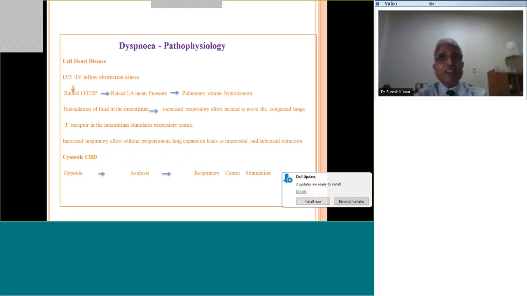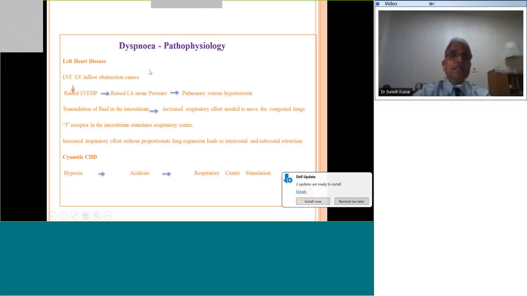Maybe the cause is in the pulmonary veins itself due to an obstruction, or within the left atrium, or within the inflow into the left ventricle, or all this is okay, but the left ventricular end diastolic pressure is elevated, as a result of which the LA mean pressure is elevated, which is reflected onto the pulmonary venous pressure.